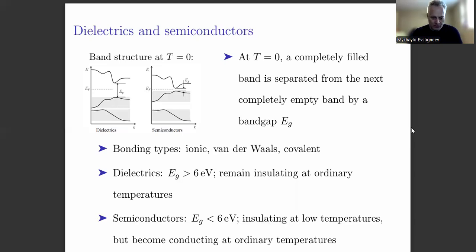So I said that ionic crystals are predominantly dielectric, like table salt, sodium chloride. Whereas covalent crystals can be either dielectric or semiconducting.